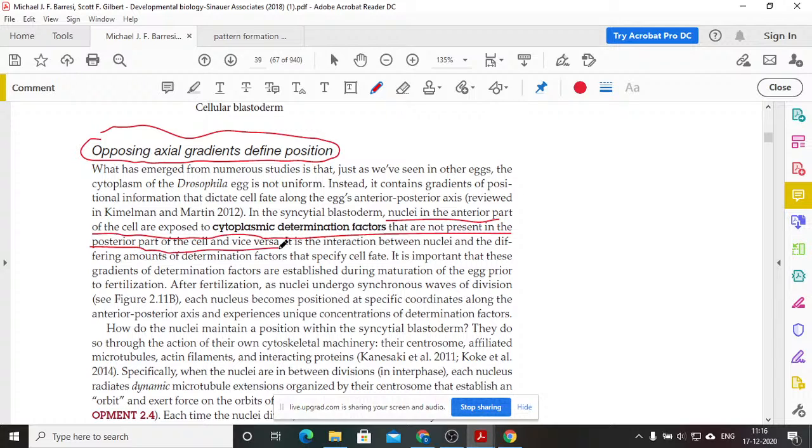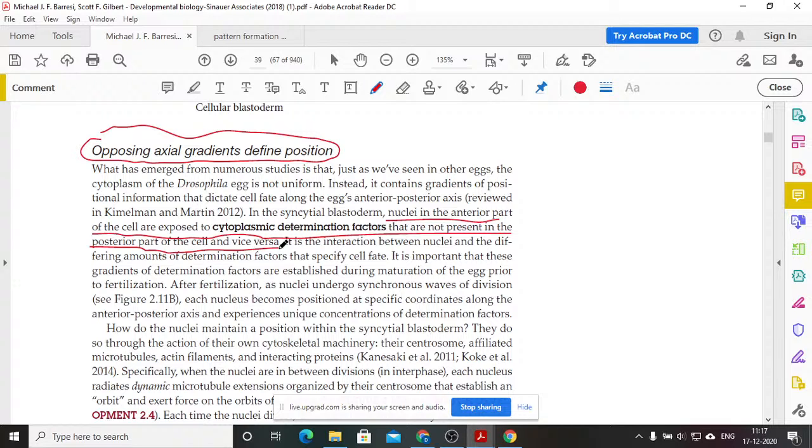So, cytoplasmic determination factors present in the anterior part of the egg act on nuclei present in the anterior part, and they don't act on nuclei in the posterior part. The anterior cytoplasmic determinant factors convert the anterior part into the head and corresponding regions. This is what you mean by positional information.